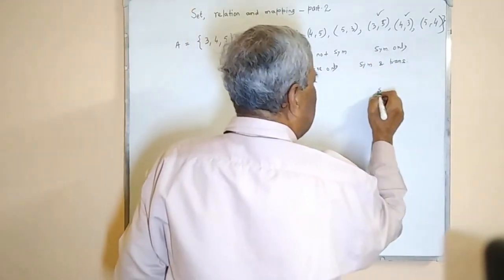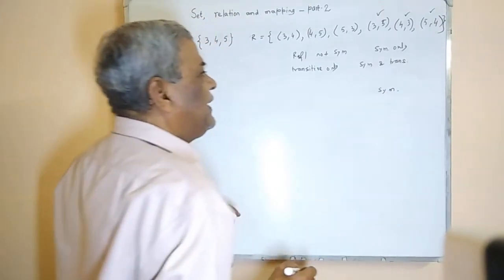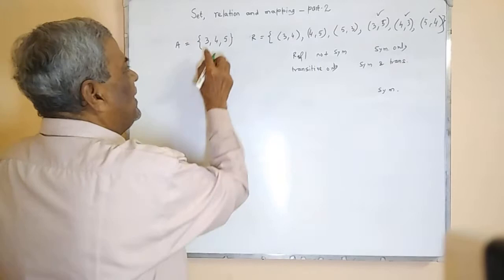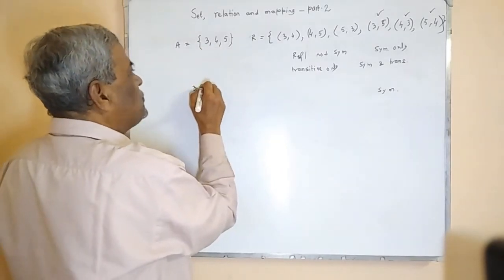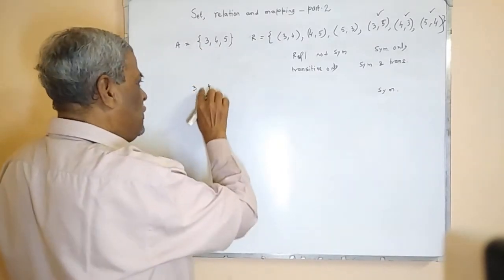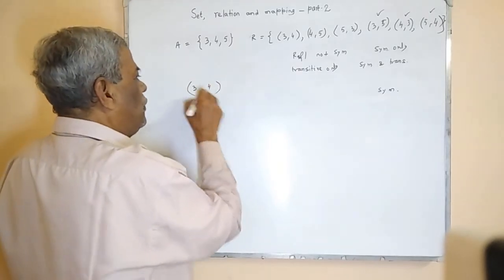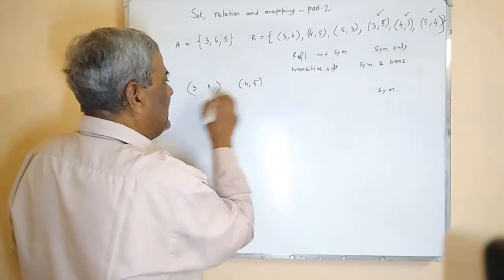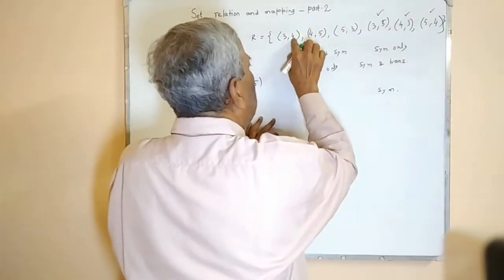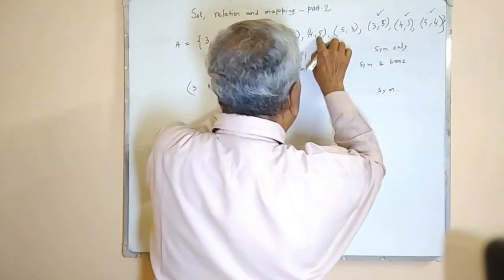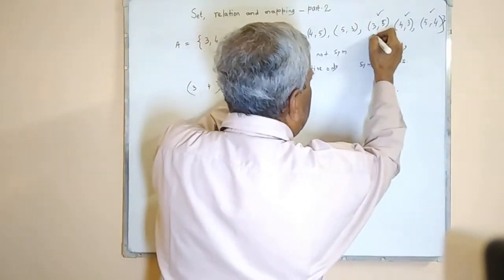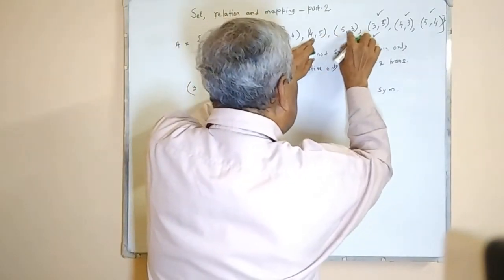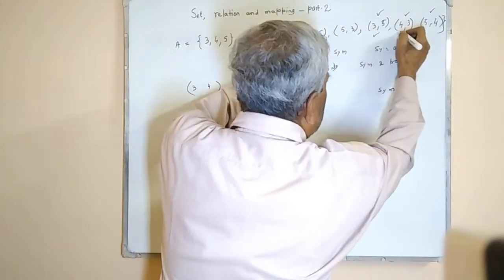So we get symmetric. Then let us see transitive or not. Transitive means if 3 relates with 4, that is (3,4) is there, and (4,5) present, then (3,5) must be present. It is there. Then (4,5), (5,3), so (4,3) must be present.